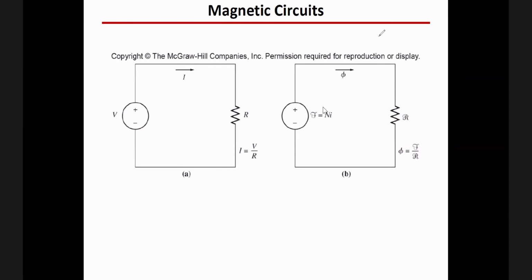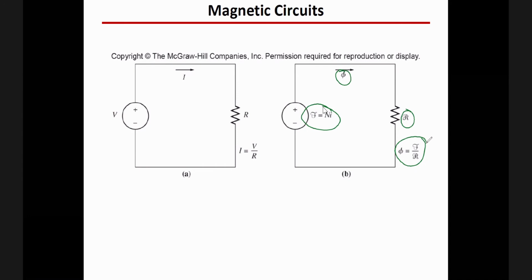Now, if we can represent the magnetic circuit as similar to an electric circuit, meaning that the source will be F, MMF, resistance will be reluctance, current will be flux. And of course, we can use the Ohm's law relation to relate between them. And not only Ohm's law, any other technique that we learned about electric circuits, we can apply to magnetic circuits.